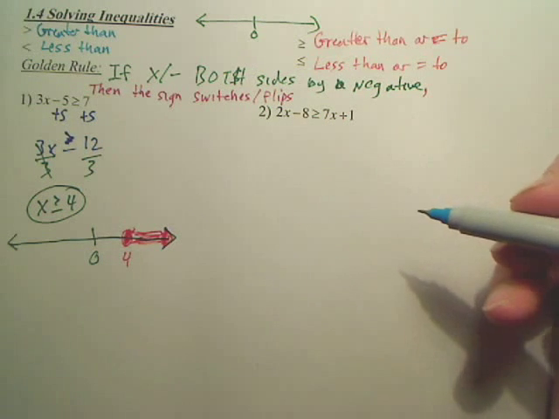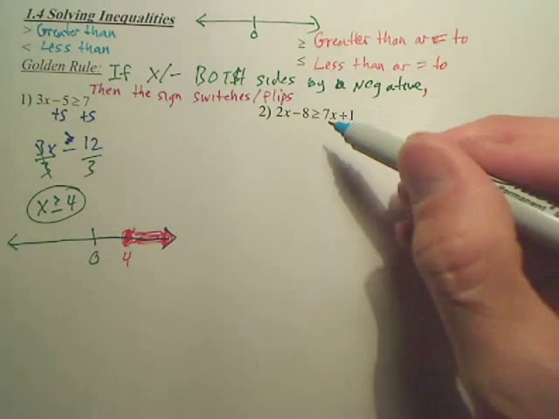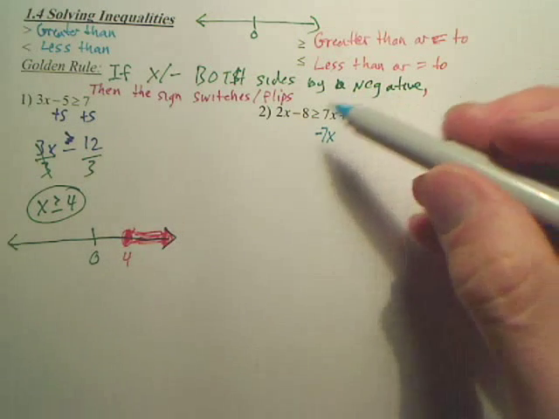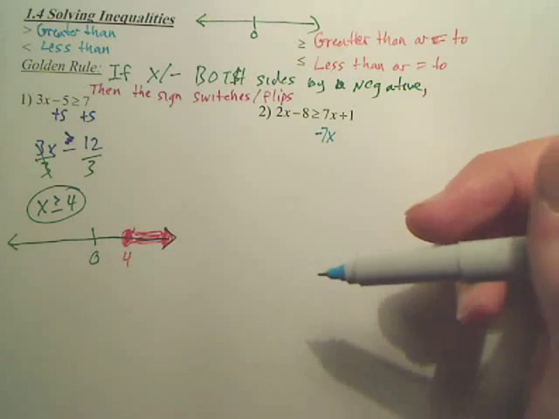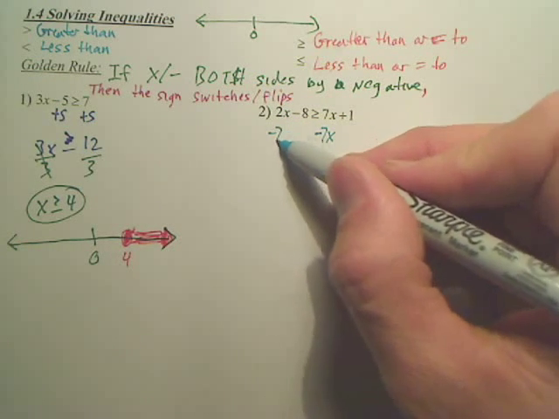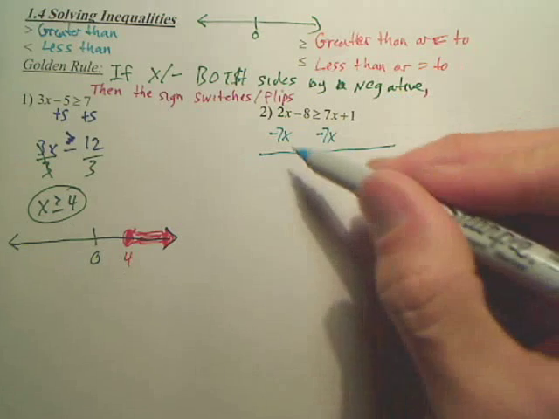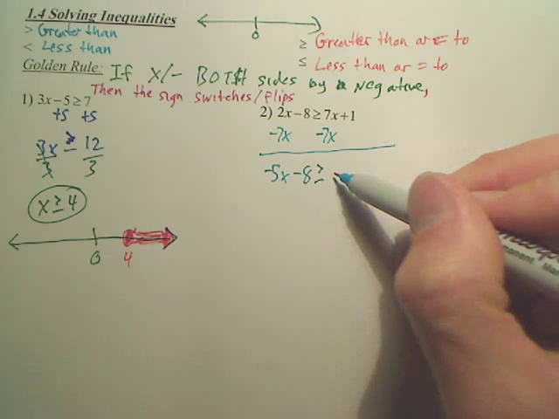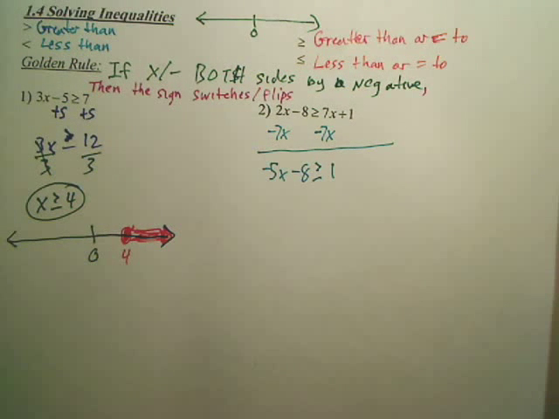Number 2. Let's solve it. First step, I like to move on inequalities. I always like my x's on the left. Very important because it's kind of hard to read it backwards. So the first step, move that over. Negative 5x minus 8 is greater than or equal to 1.